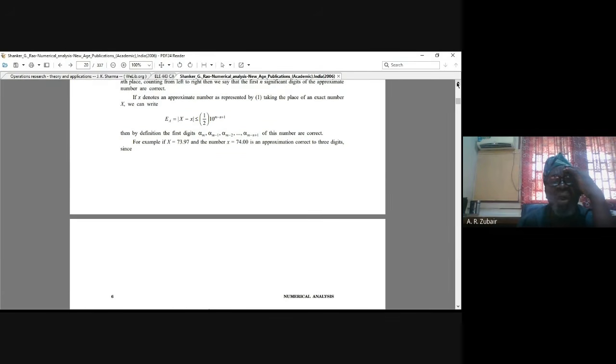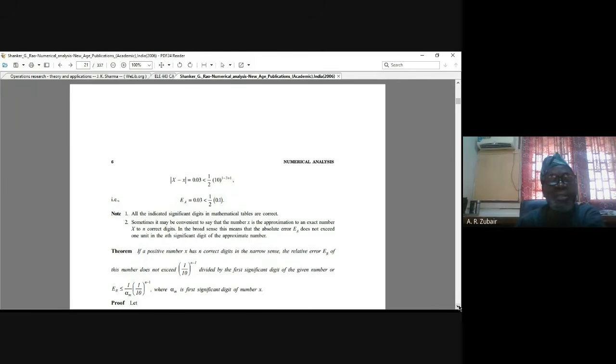That means we're actually coming into two decimal places, so n is going to be 3. That's why they wrote half 10 raised to power 1 minus 3 plus 1, and then the absolute error is going to be less than 0.05.